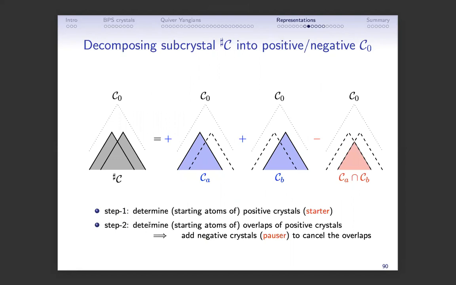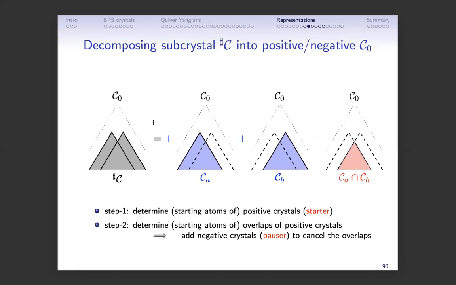Now this is the full canonical crystal, and this is some particular subcrystal. To describe the shape of this subcrystal, it turns out we can think of it as a superposition of positive and negative canonical crystals.